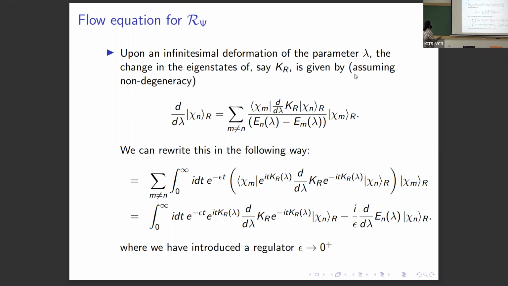Okay, it's d chi n by d lambda equals some number times chi n. So this thing here is an overall phase. You can think of this as the abelian part, and what's left over is some operator which is entirely written in terms of the modular Hamiltonians. Okay, so this is just a convenient rewriting.